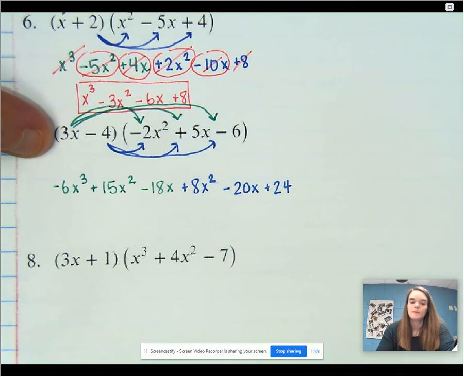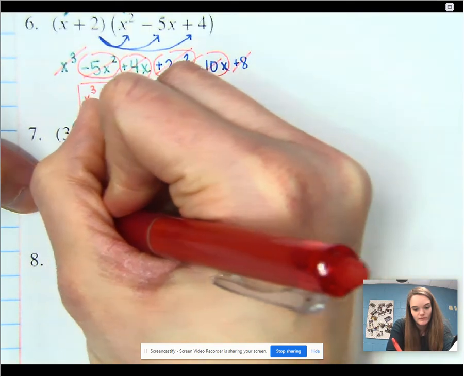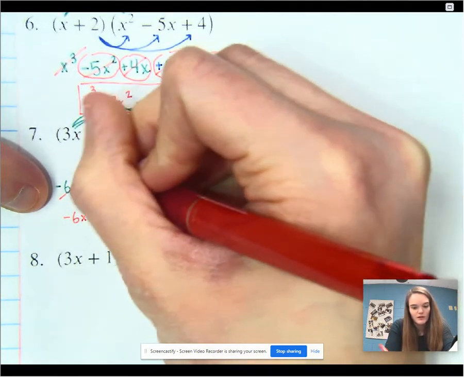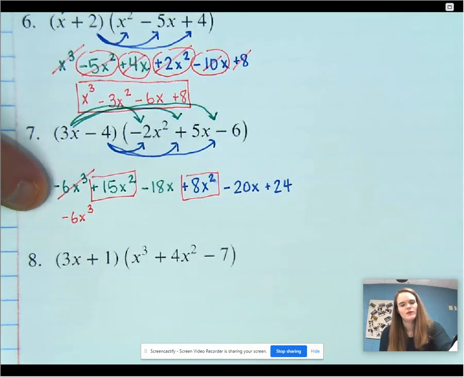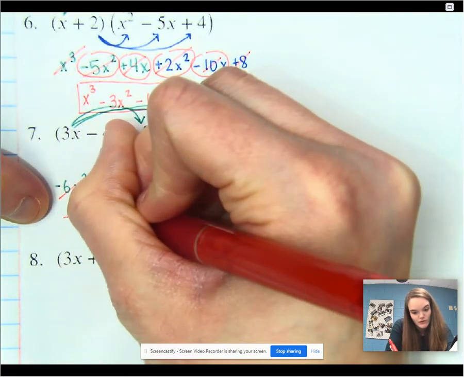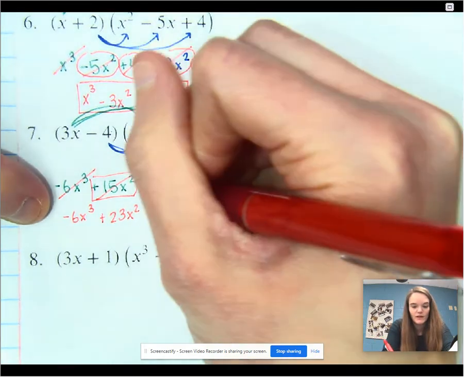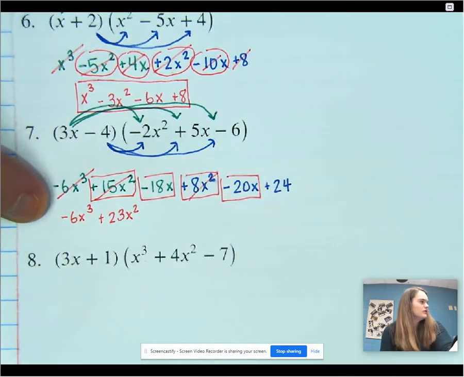Combine like terms. Negative 6x to the third does not have a like term, so we bring it down. 15x squared and 8x squared are like terms. We're going to add those together and get 23x squared. Negative 18x and negative 20x are like terms.